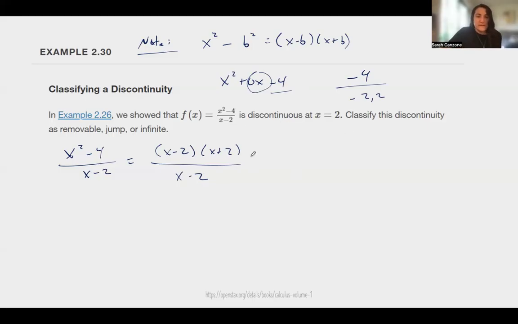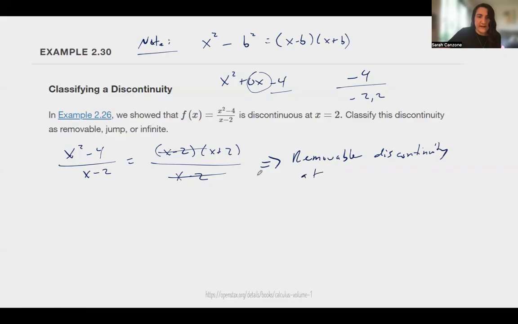All right, and when you look at this, what you notice is you have an x minus 2 here, an x minus 2 here, and when you cancel those out, this implies a removable discontinuity.